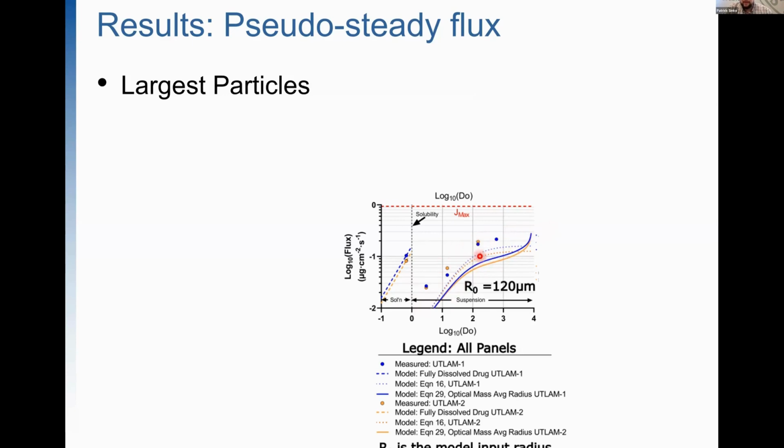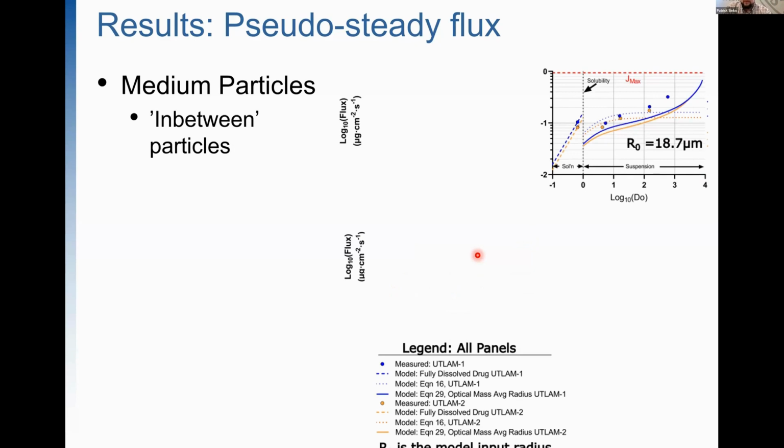And the slightly higher fluxes here compared to the traditional film model are likely due to some settling effects, as we're working with a very shallow water column, and even at high agitation speeds, settling of these large particles likely occurred.